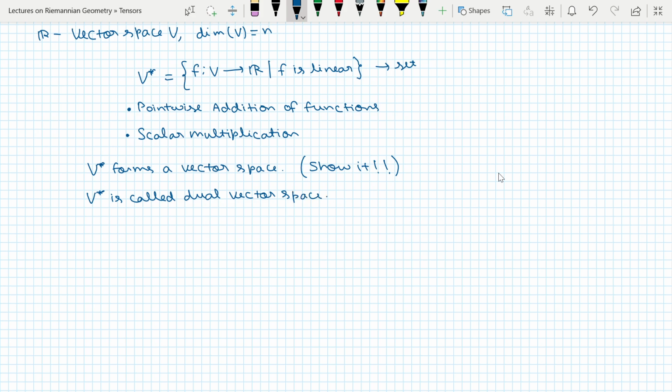And the elements of V star are called dual vectors.